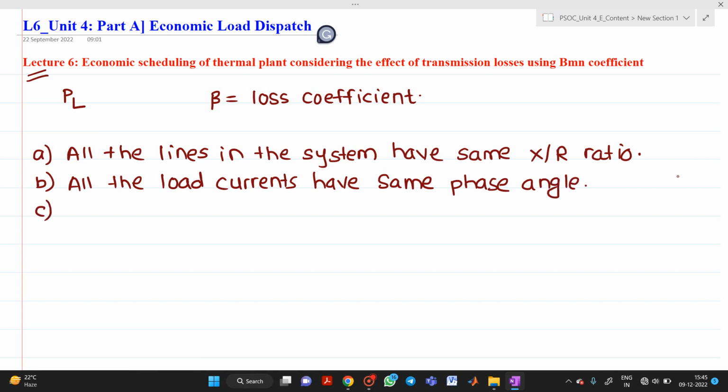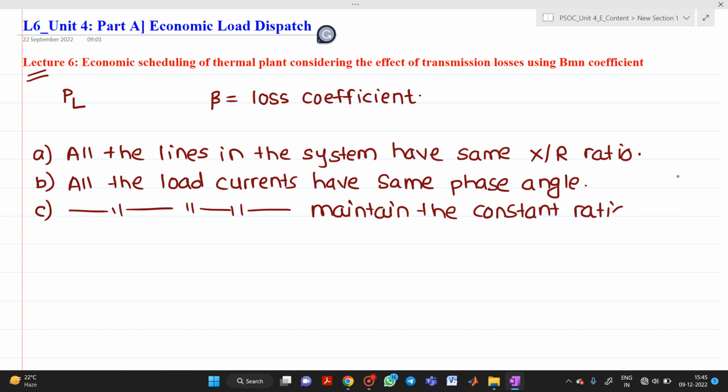The third assumption that we will consider is that all the load currents maintain a constant ratio to the total current flowing through the system.